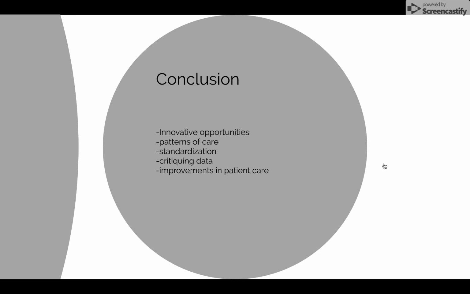Data needs to be critiqued because everyone's doing things differently. And this could really lead to huge improvements of care. There's so much data. If you can get it together and predict the right things, you can really save a lot of time. You can save a lot of injury. You can save a lot of adverse events.